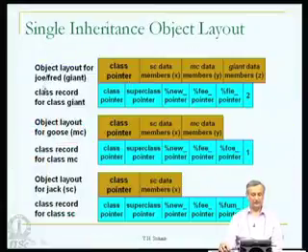So, for the object layout for Joe and Fred, which are members of the class giant, there is a class pointer, then the data members of SC, which is just one variable x.